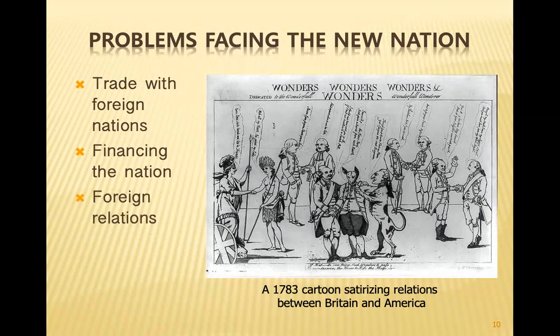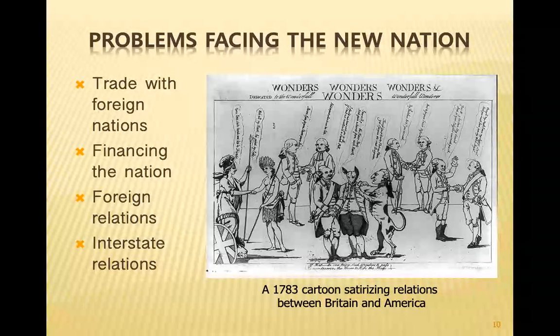Several problems faced the new nation right away. In the years after the Treaty of Paris, the United States experienced a number of near crippling problems that made the task of governing more difficult.